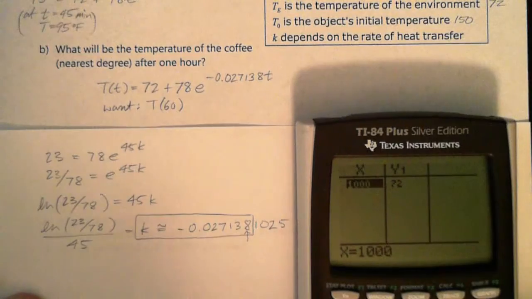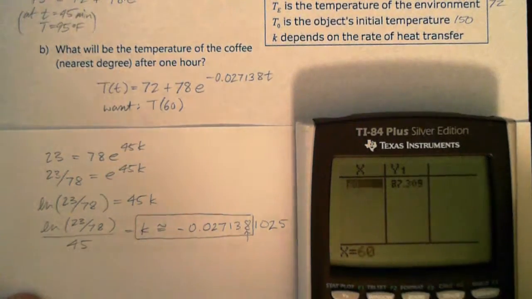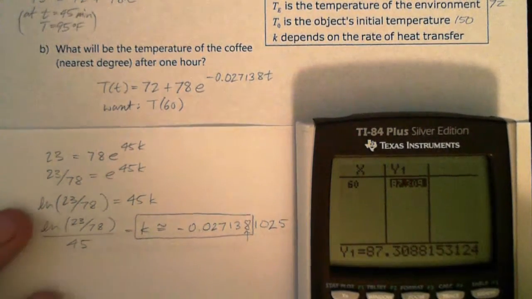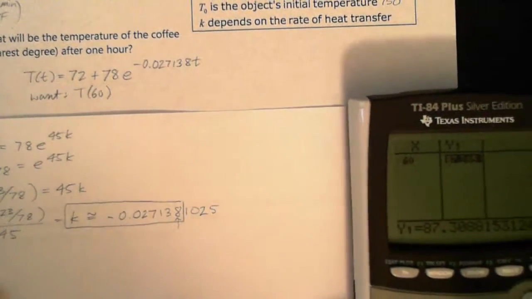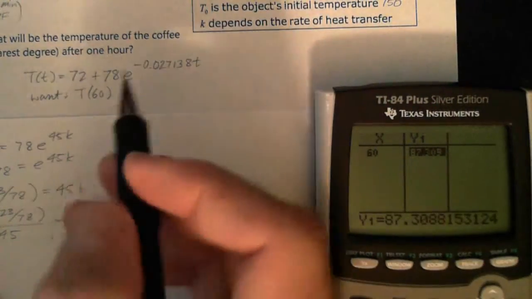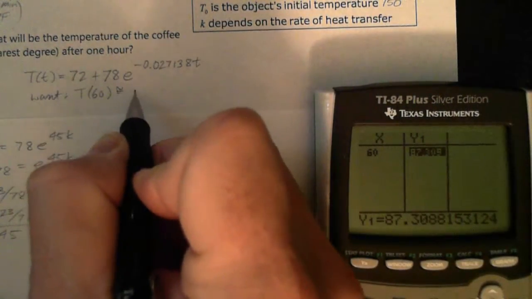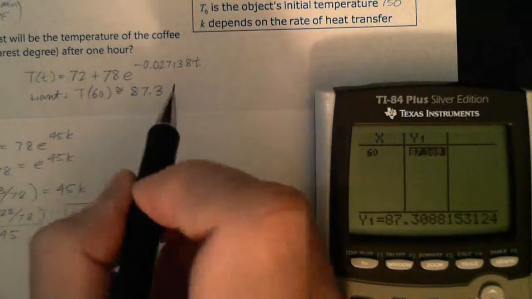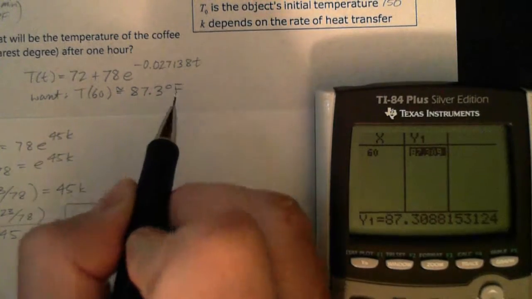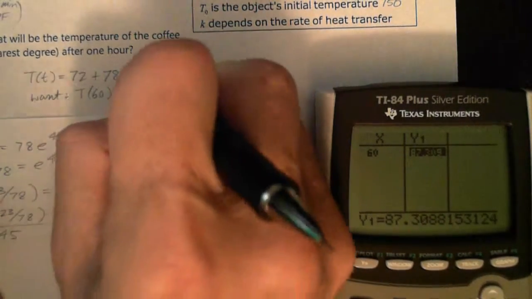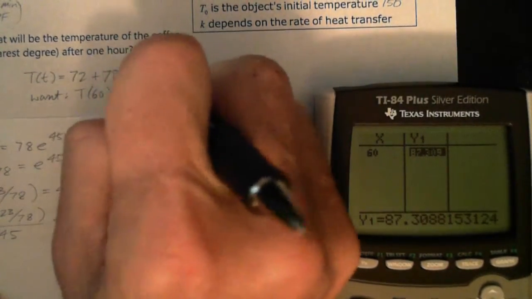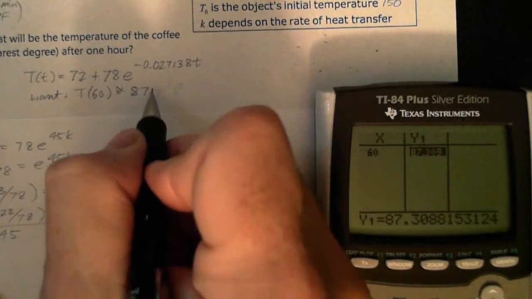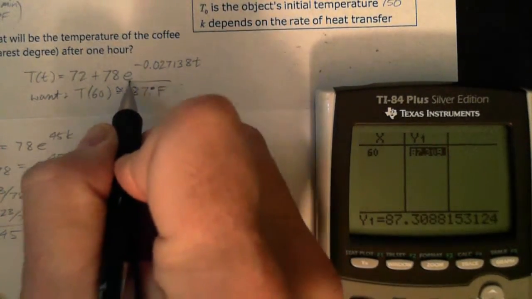And in a table, I can simply evaluate that at 60 and come up with 87.3. So we have T of 60, which is approximately 87.3 degrees Fahrenheit. And we want the nearest degree, so it would be 87 degrees Fahrenheit.